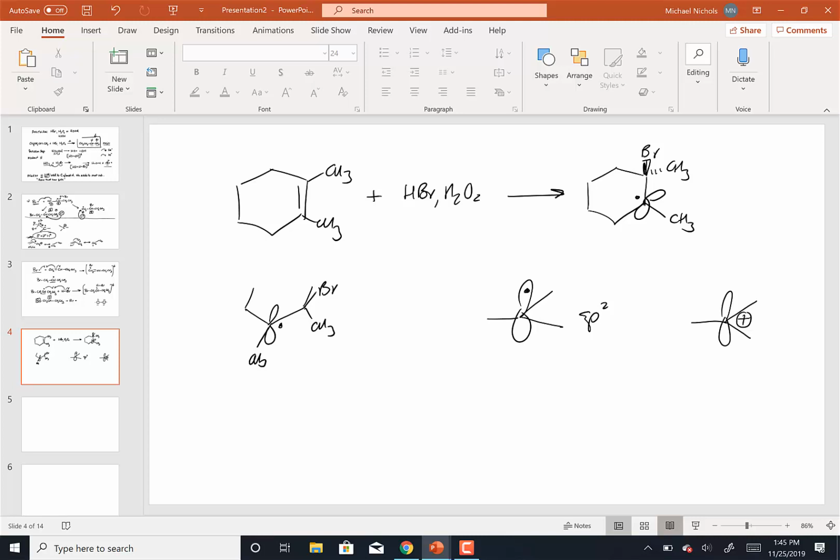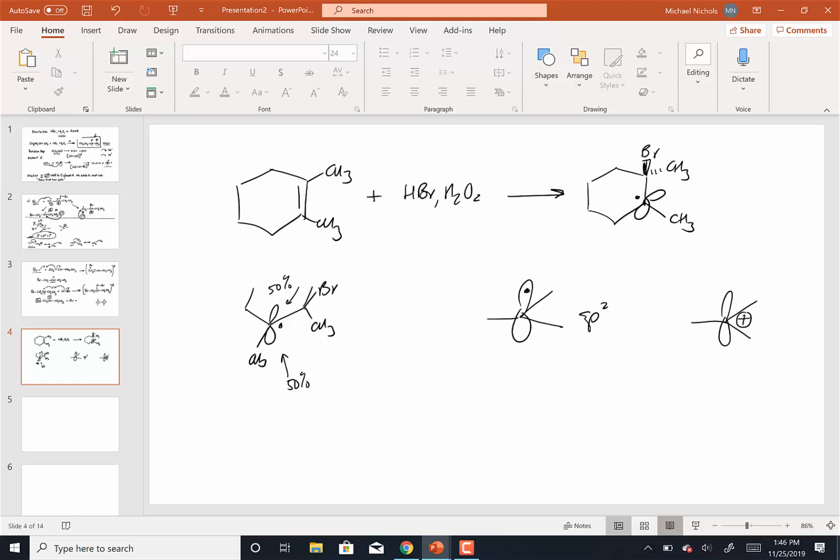So you thought I didn't like that answer, right? That sounds like a good answer to me. So I have to explicitly say that in this class, radicals are going to react like carbocations in the fact that because it's sp2 hybridized, I'm going to get 50% addition to the top and 50% addition to the bottom.